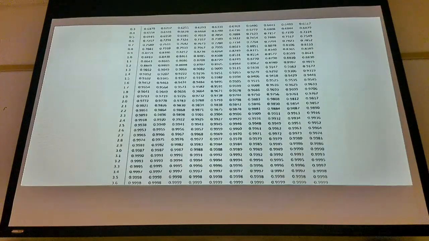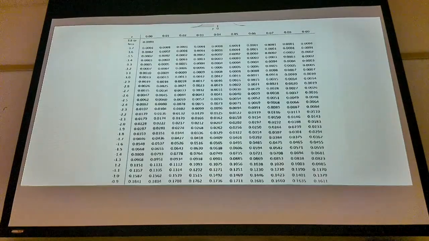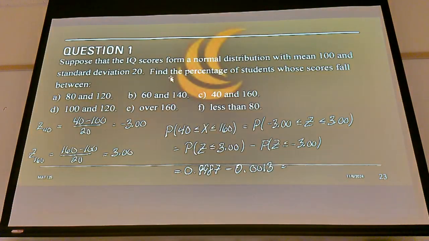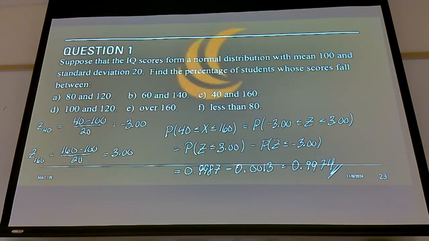Minus, now we want negative 3.00, 0.0013. That would be what? 0.9974? Which again matches with the empirical rule, 99.7% approximately.